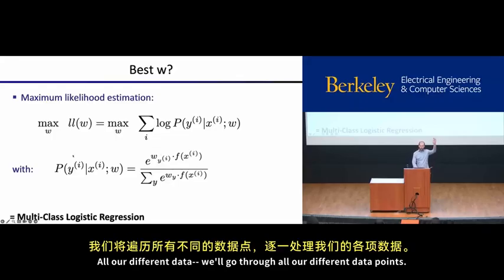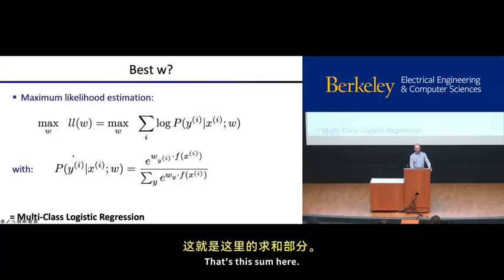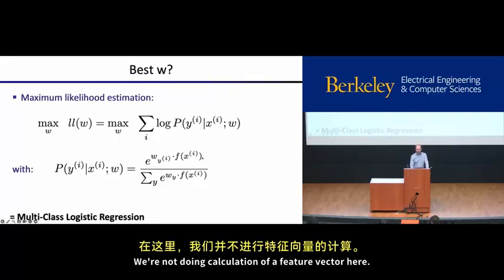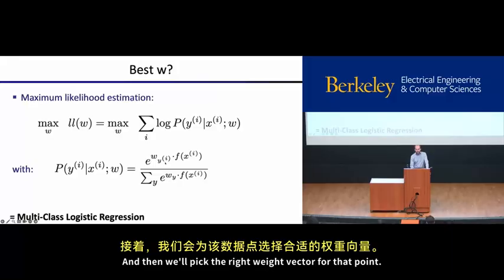We'll go through all our different data points. That's this sum here. And we'll calculate its feature vector, or just read the feature vector, really. We're not doing calculation of feature vector here. And then we'll pick the right weight vector for that point.